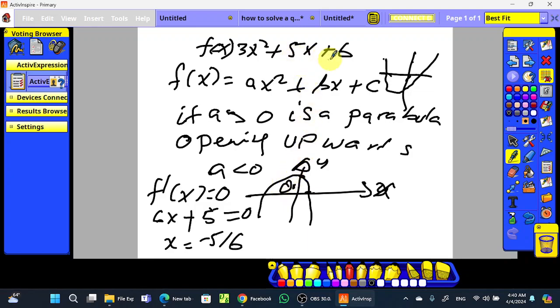So for this kind of quadratic function, the lowest value of that function is going to be at x is equal to minus 5 over 6.